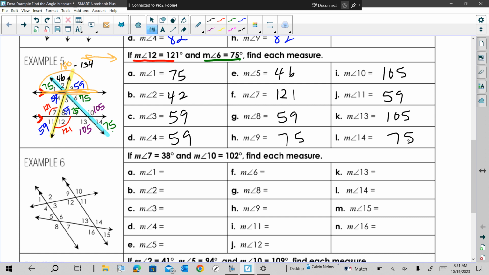Yeah. For B, you put in 42. For B, for angle 2, that should be 46. You're right.